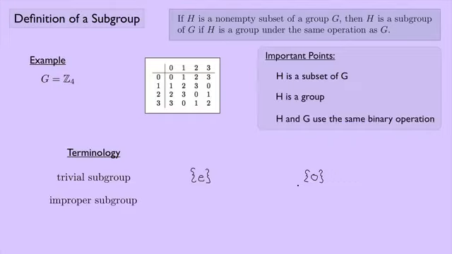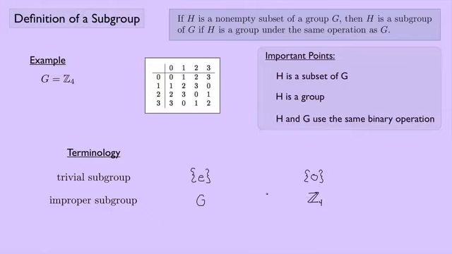We also have something called the improper subgroup. The improper subgroup refers to the group itself. So the group itself is a subset of itself, and of course it is a group, and of course it uses the same binary operation, so this is a subgroup. So in this particular case, the improper subgroup would just be the group itself, Z4.